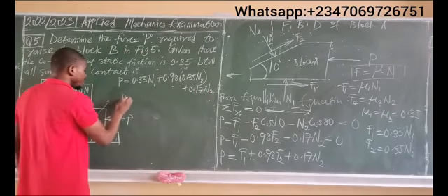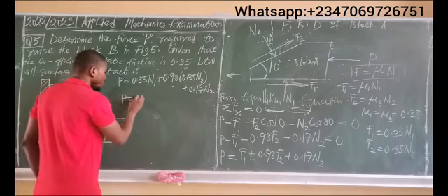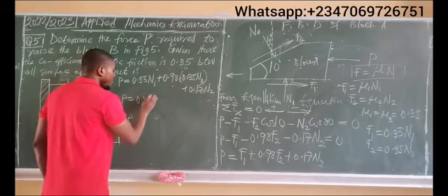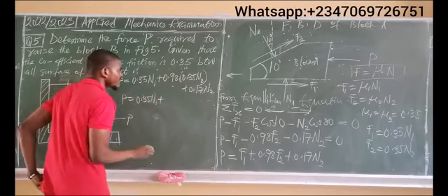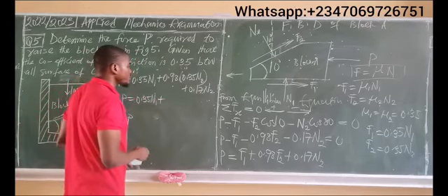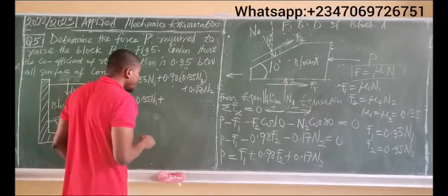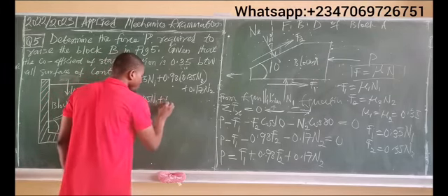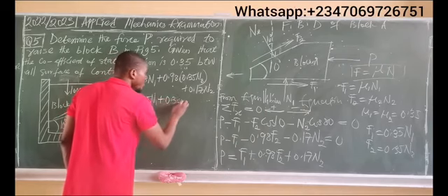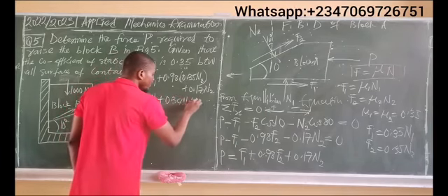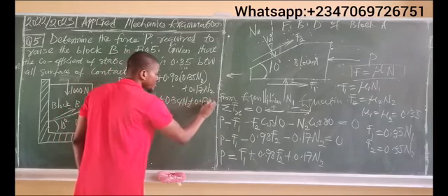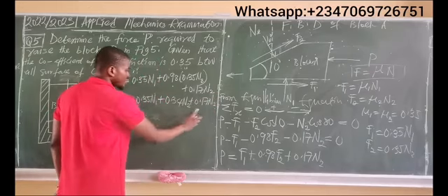Okay, so P is equal to 0.35 N1 plus, let's evaluate, 0.98 multiplied by 0.35. That gives us approximately 0.34. So you have 0.34 N2 plus 0.17 N2. These two can add.